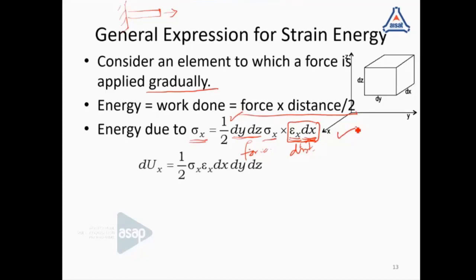Now the contribution of strain energy is half of sigma x into epsilon x into dx, dy, dz. This is the volume.